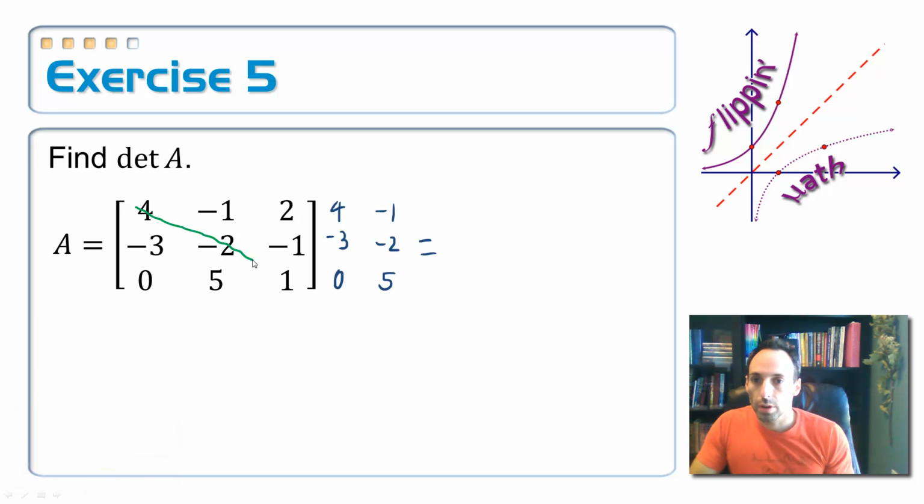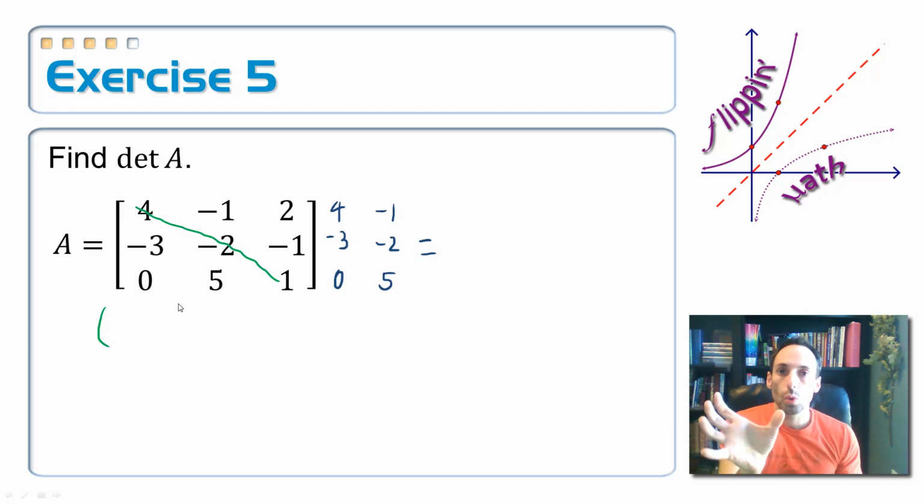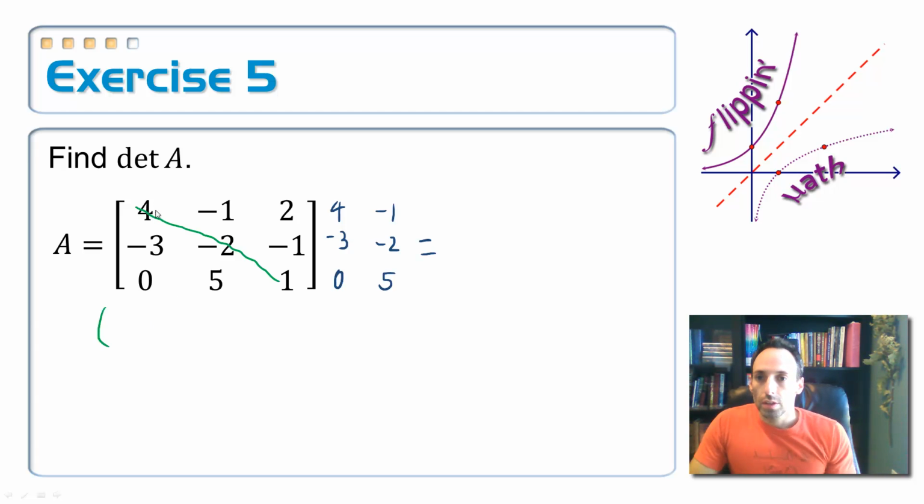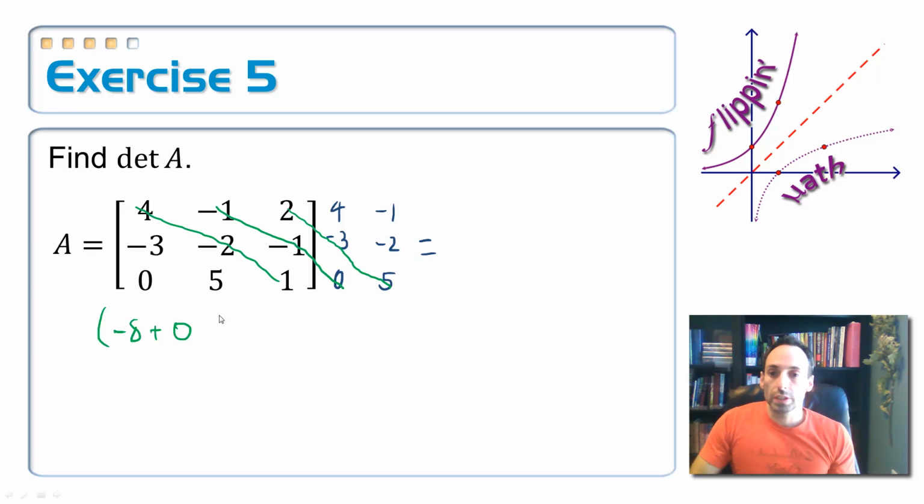So this first product, and I need to put this in parentheses so that I know that I have this whole entire quantity that I've got to add up. So 4 times -2 times 1 is -8, plus -1 times -1 times 0 is 0, and 2 times -3 times 5, so 2 times -3 is -6, -6 times 5, got plus a -30, right?